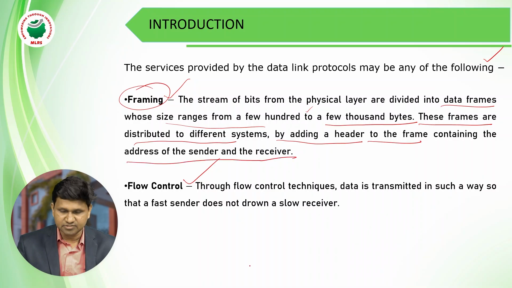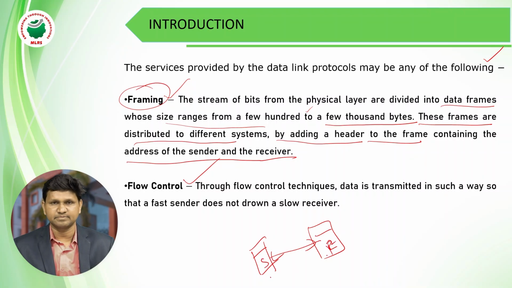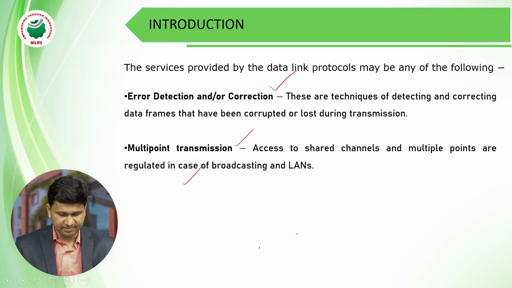For example, for better understanding in computer networks, we have a sender and a receiver, the age-old story. If you want to send data from sender to receiver, obviously the 7 layers play a vital role, especially the data link layer. The stream of bits from the physical layer is divided into data frames.